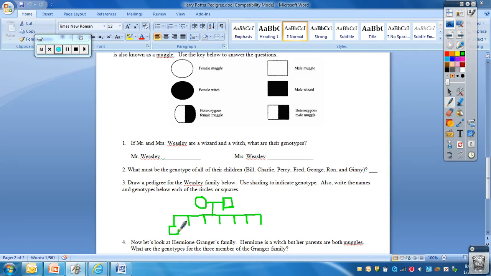So we have Bill, Charlie, Percy, Fred, George, Ron, and Ginny, and all of these figures should be shaded in and completely enclosed.